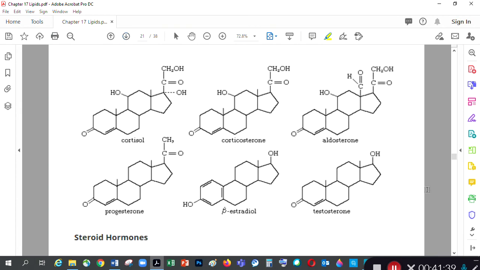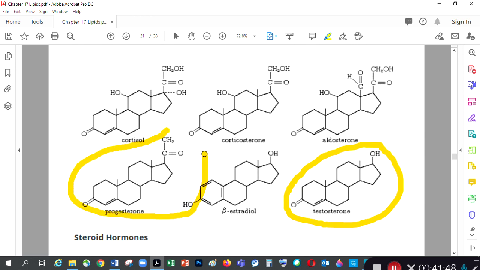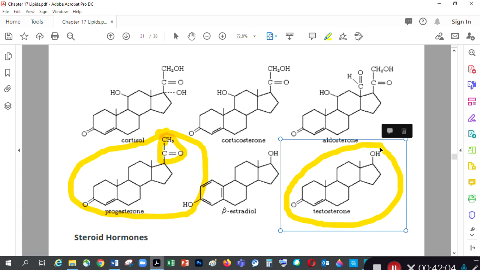If you look at this example, just to tell you, this is the male hormone, correct? And this is the female hormone, correct? So you can see the difference. They are almost identical, except for the difference here.